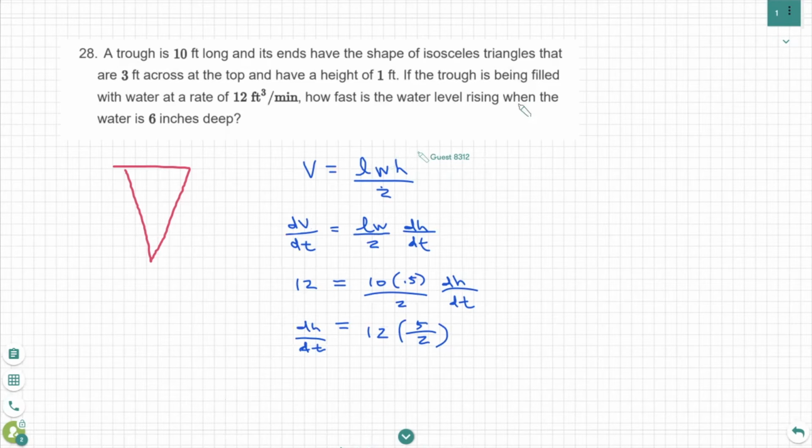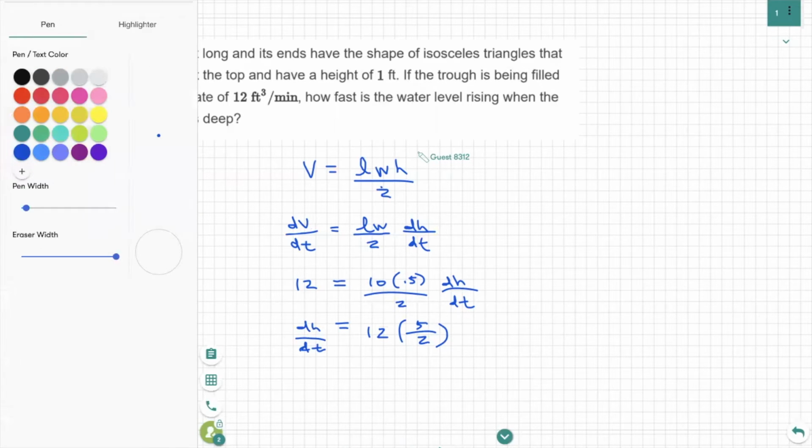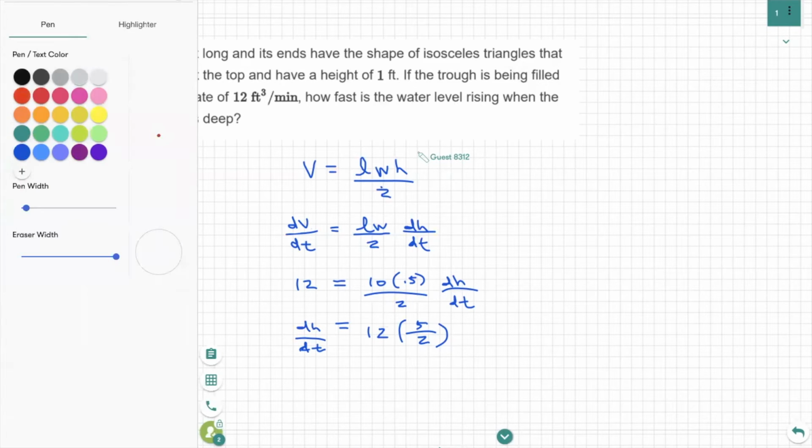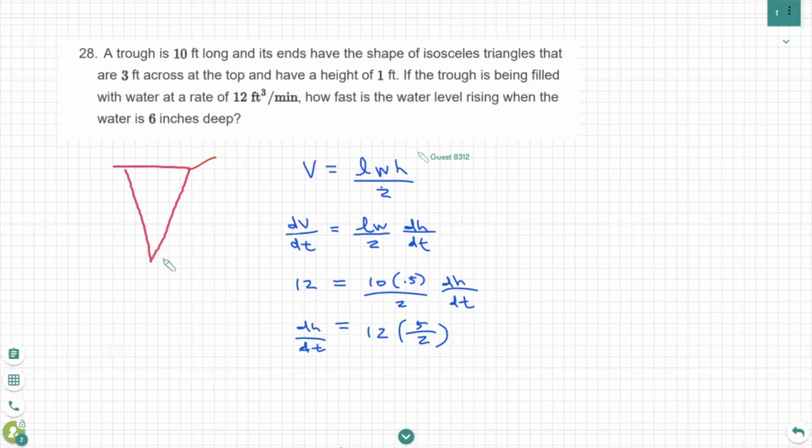So what do you define as length, width, and height? Length would be 10 feet, width would be 3 feet, and height is 1 foot, I guess, but it changes because it's what's changing.